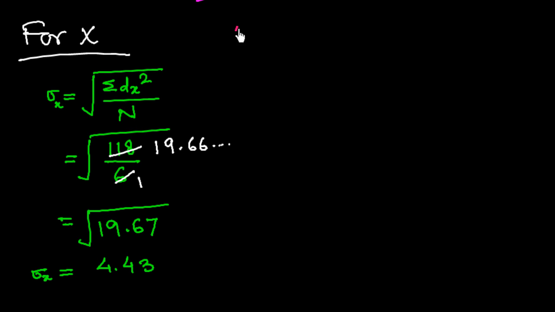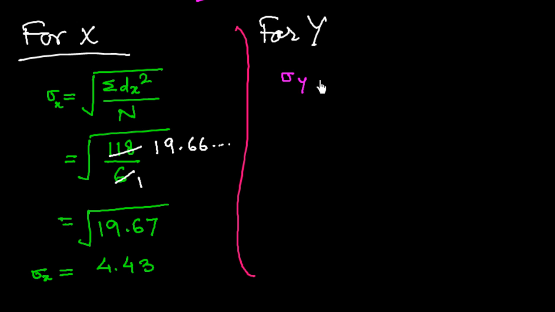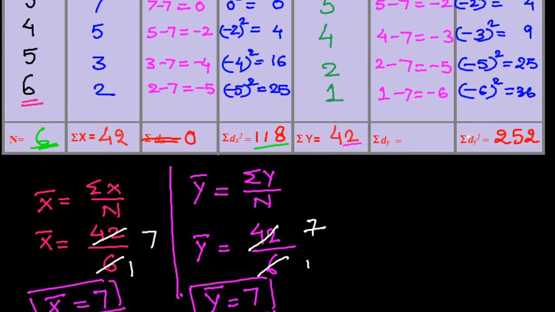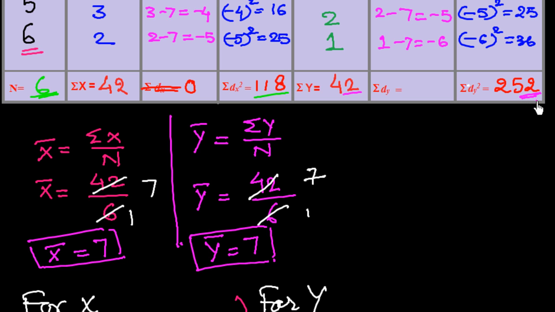Now we have to find out the standard deviation for y. So I write down sigma y is equal to the square root of summation of dy square over n. So here you see summation of dy square is 252.